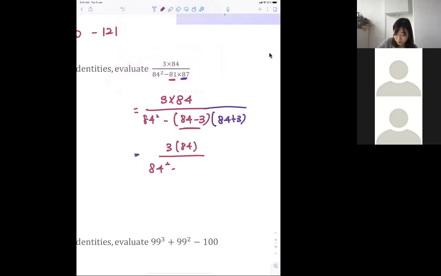So you see here A plus B, A minus B. So A plus B, A minus B is A square minus B square. Okay, I say again, A plus B, A minus B is A square minus B square.